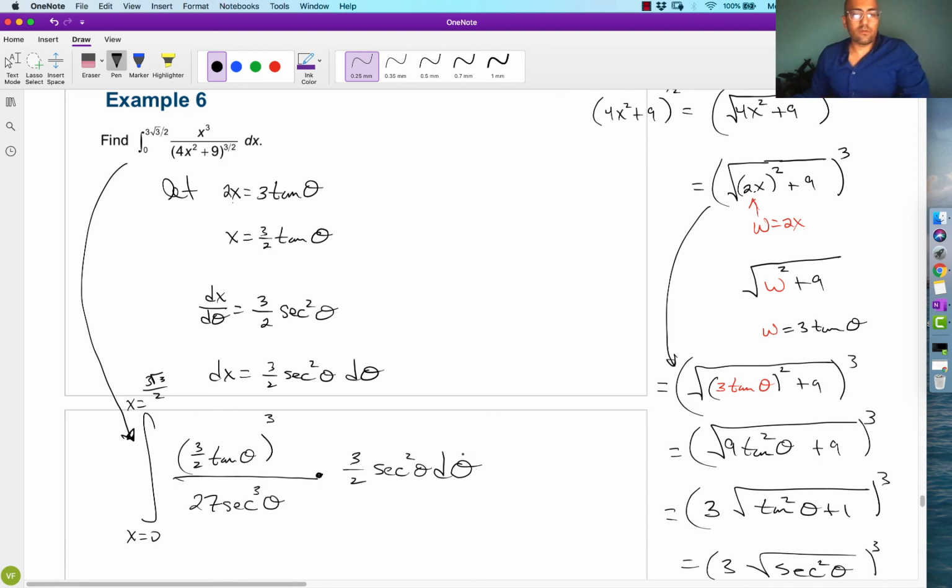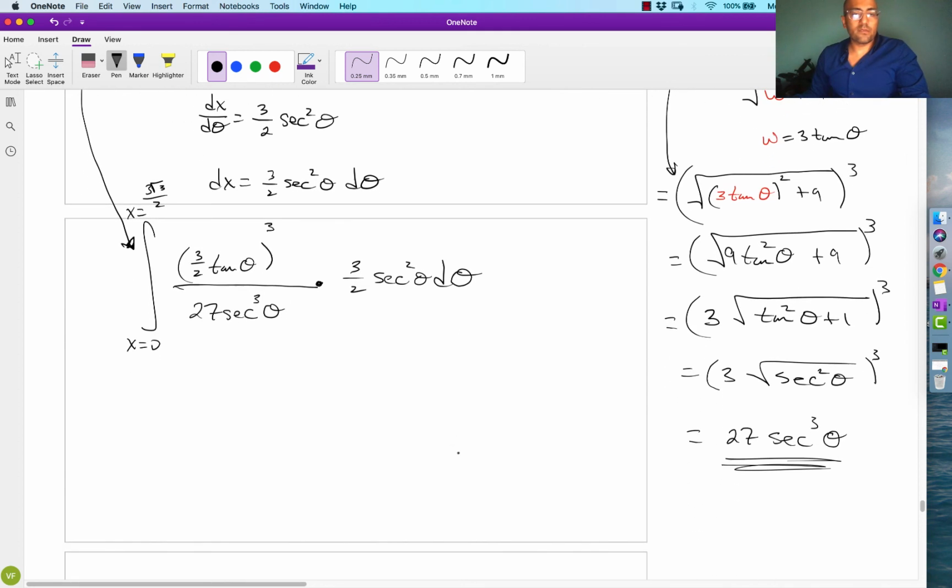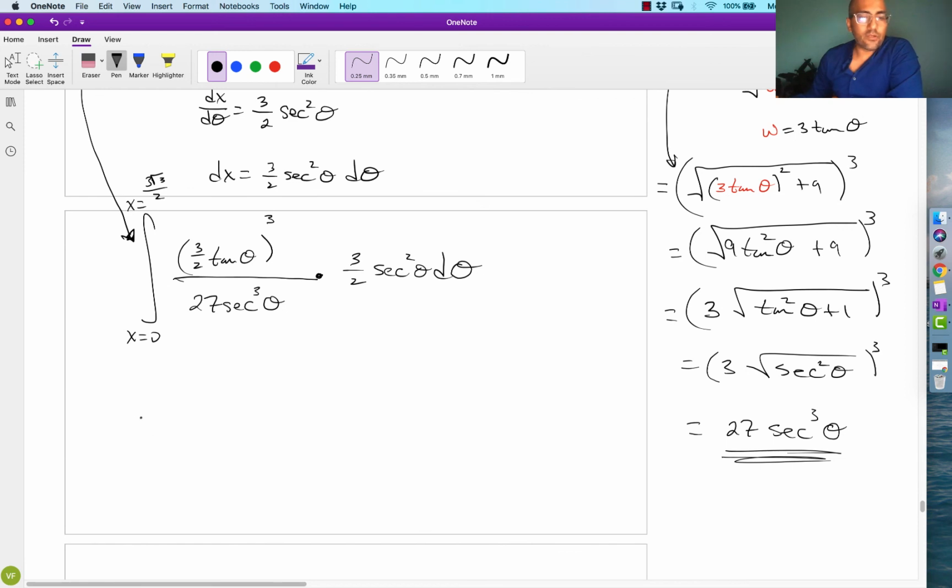Good. So let's simplify that a little bit. And again, I'm leaving the limits of integration alone for now. I got to circle back to it. So x goes from 0, x goes to 3 root 3 over 2. We'll come back and visit that after I finish simplifying this a little bit. Okay, so this turns into 3 cubed is going to be 27 over 8 times tangent cubed theta.